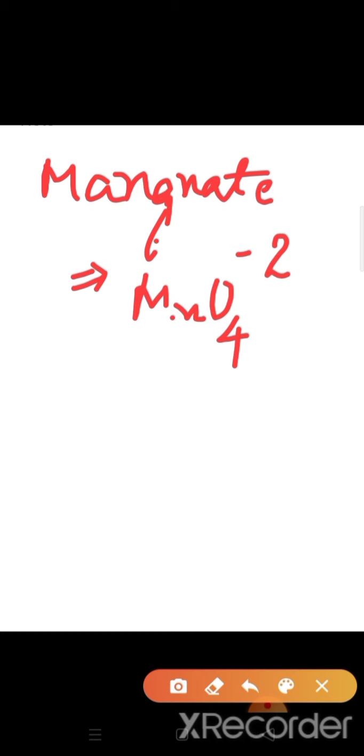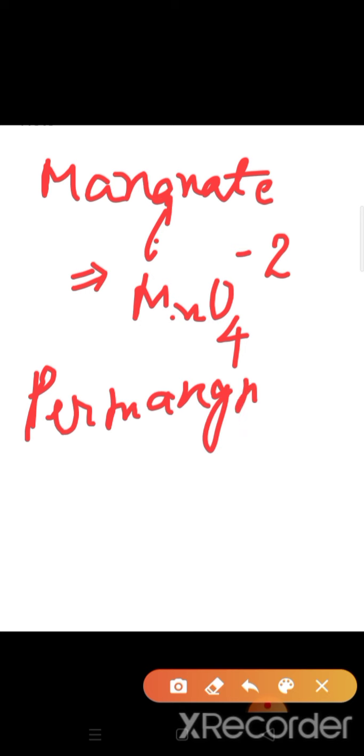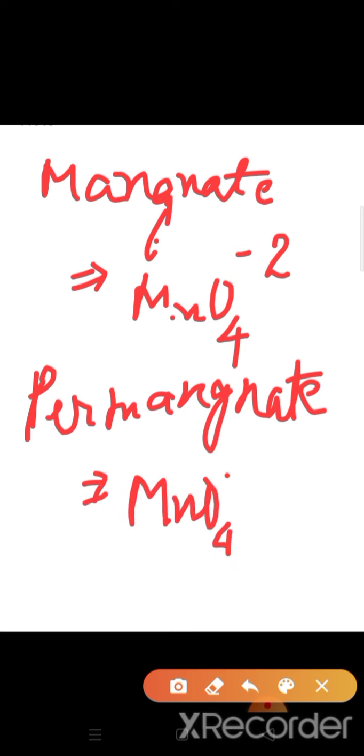What is the formula of permanganate? That is MnO4 negative. When the word per is used, the oxygen number is increased. The two anions of manganese are manganate and permanganate. Manganate is MnO4 double negative, and permanganate is MnO4 negative.